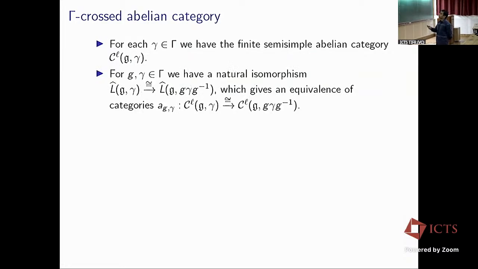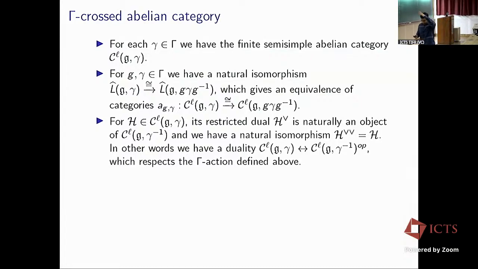The conjugation action, the action of this g on this, gives a natural identification between these, and this gives us a functor between these two categories. Once you take all these categories together, we get a graded category, and we get an action of gamma on this graded abelian category.